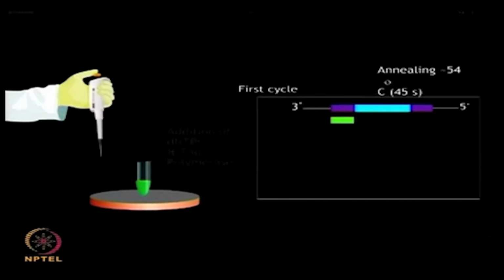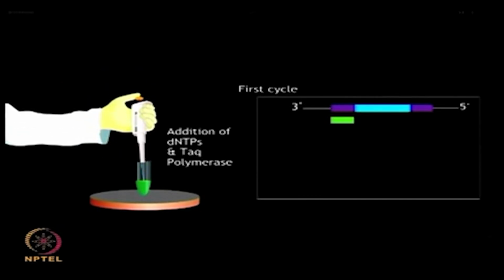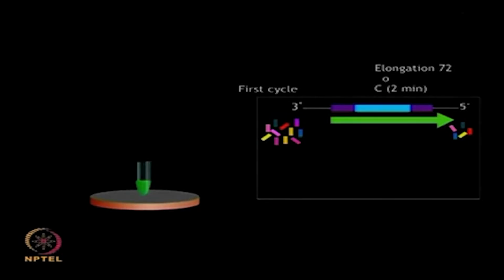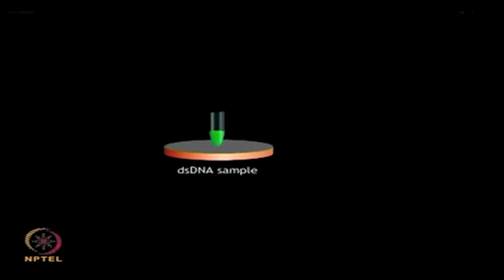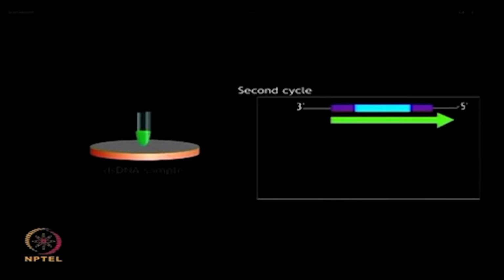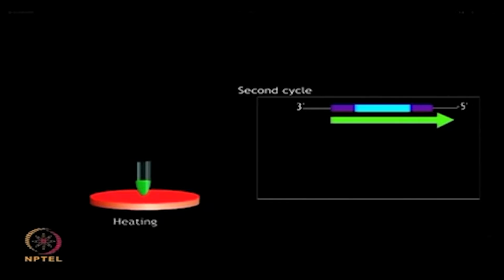This is followed by addition of nucleotides and Taq polymerase, which performs elongation of the template strand at 72 degrees centigrade. Second and subsequent rounds of PCR result in further amplification of the cDNA of interest.